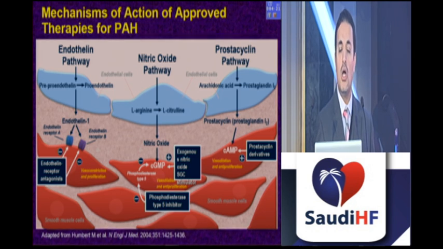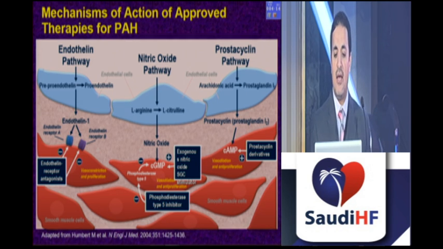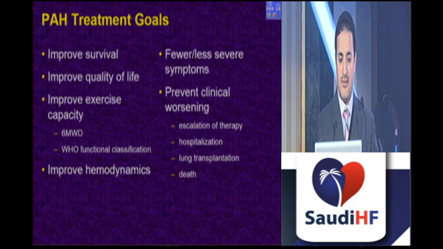So these two are working on the nitric oxide pathway. And then of course there is the prostacyclin pathway to increase the availability of cyclic AMP eventually through prostacyclins.